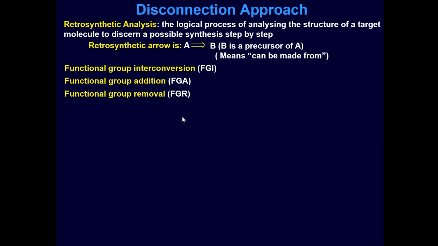We may have to add a few functional groups, or remove a few functional groups, or when we are not able to add a functional group directly, we convert it into another functional group, that is functional group interconversion. In the process of retrosynthesis, we have to do these three things.